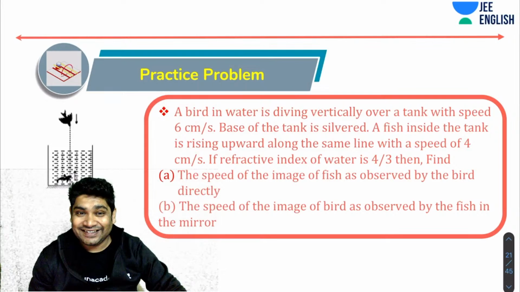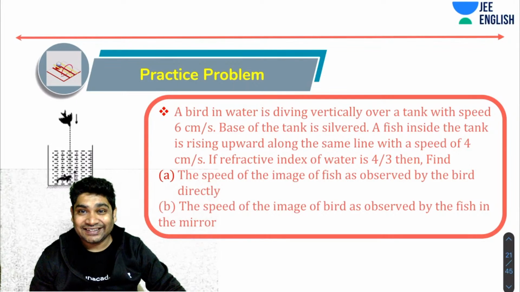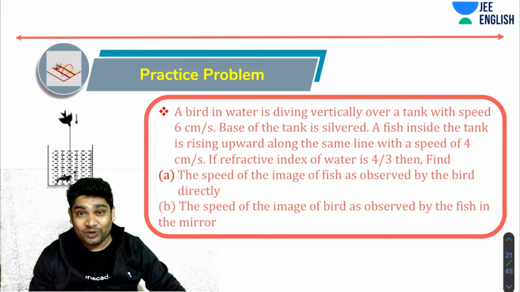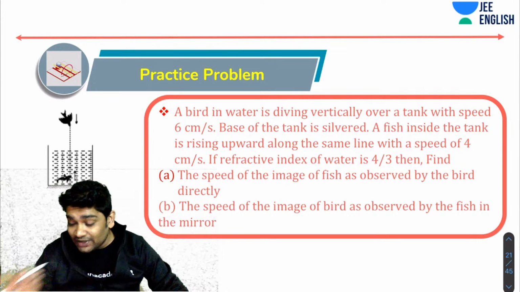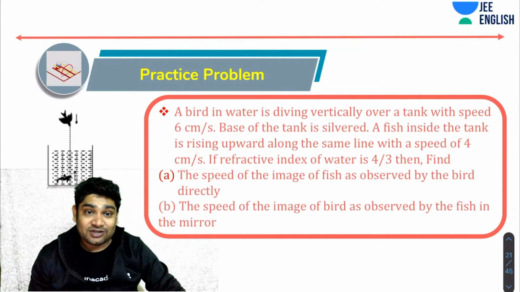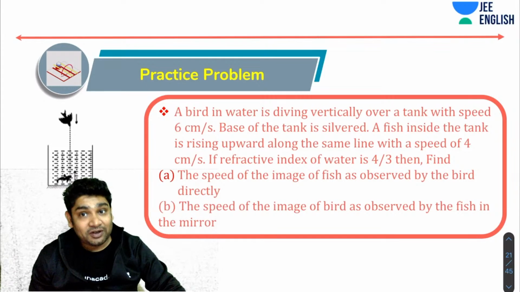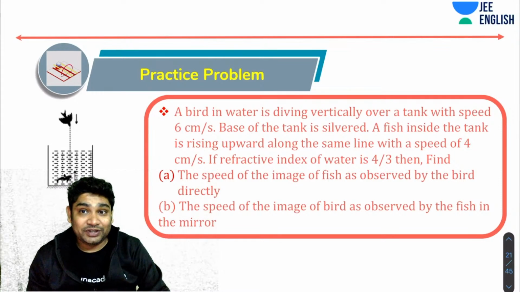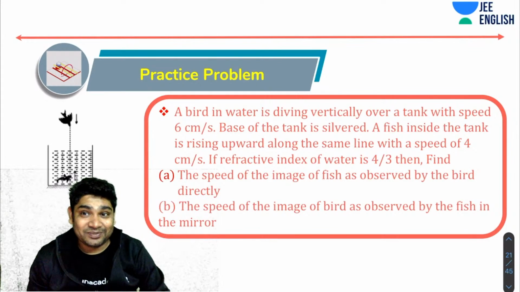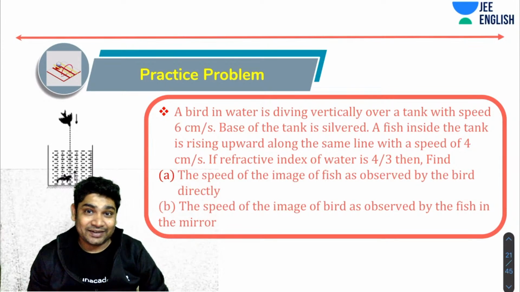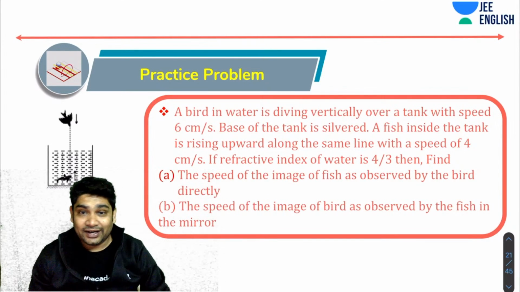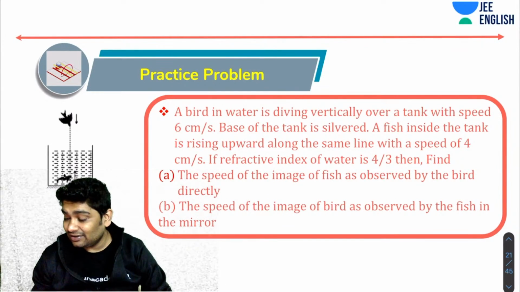All right. So let's see how you would have gone about it. Again, as I told you, what is the first question that has been asked of us? First question is the speed of the image of the fish as observed by the bird directly. So let's see.